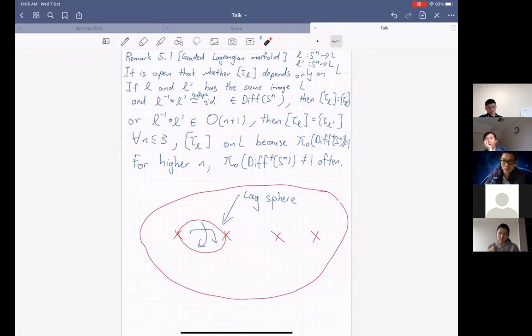That means you can have different orientations with the same Dehn twist. Is that because it's O(N) plus? So it's not necessarily preserve orientation. You could have two orientations, and then you have a Dehn twist.